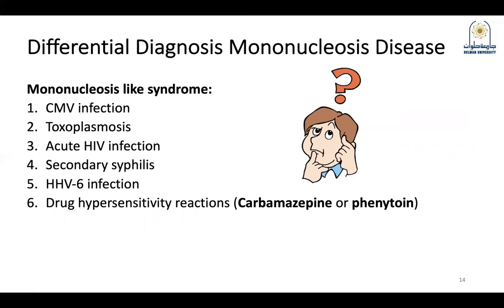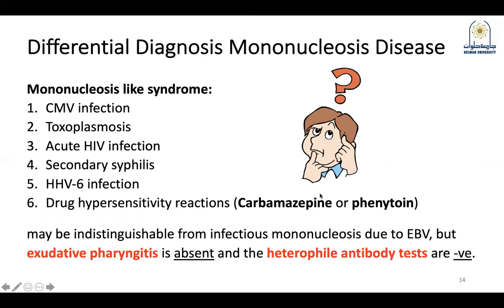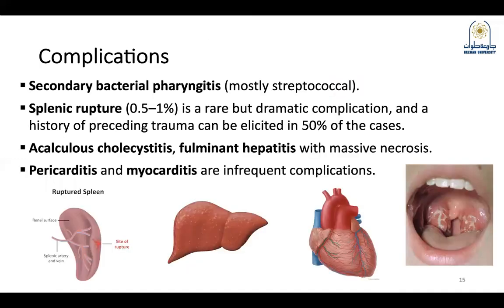So how could we discriminate the Epstein-Barr virus from these 6 causes? It will be challenging, but exudative pharyngitis is absent and the heterophile antibody tests are negative in these other infections. These could be the landmarks to differentiate them, depending also on other serological tests to diagnose each of them.